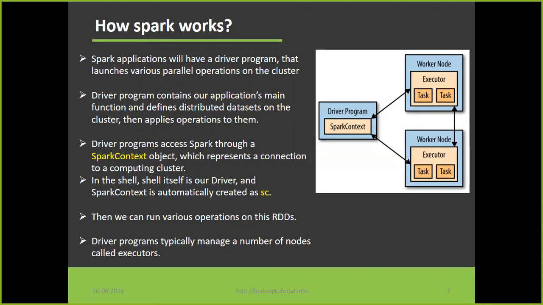So what does that driver program mean? Whichever main program, whichever singleton object in which you have written the def main method, that itself is treated as your driver program.